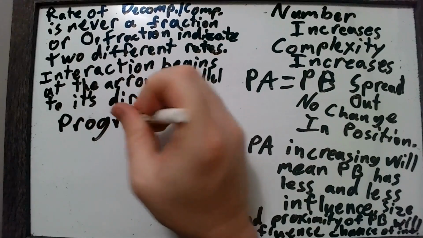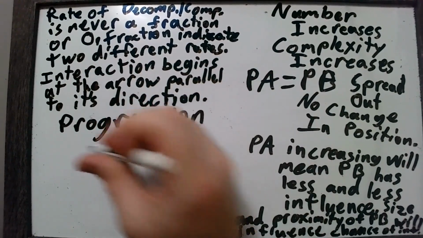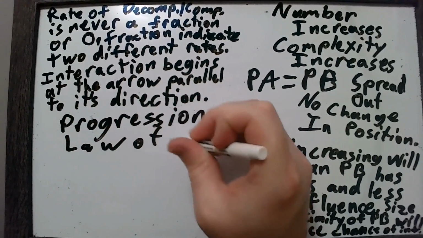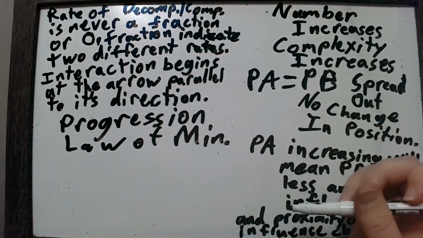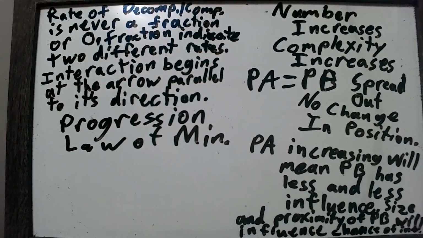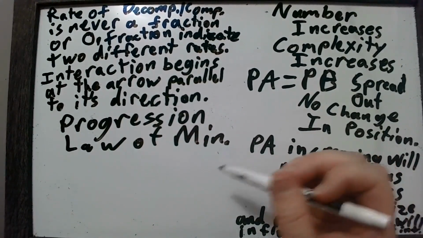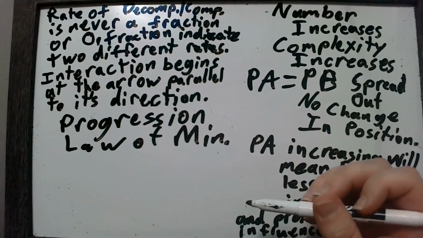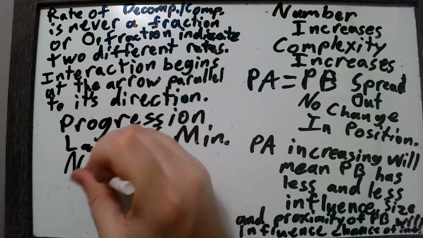With progression comes a new rule, which is law of minimums. What this means is that in order to determine the next number it's going to interact with after the initial interaction, it's going to look at what the next values are.